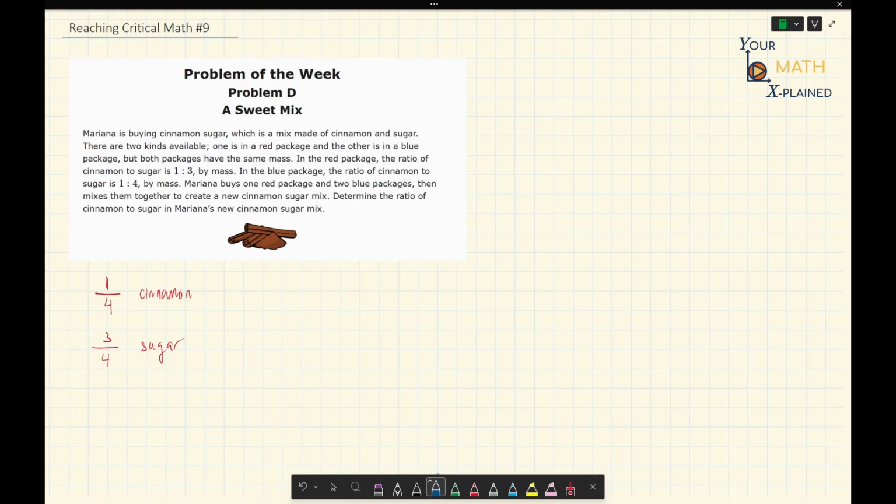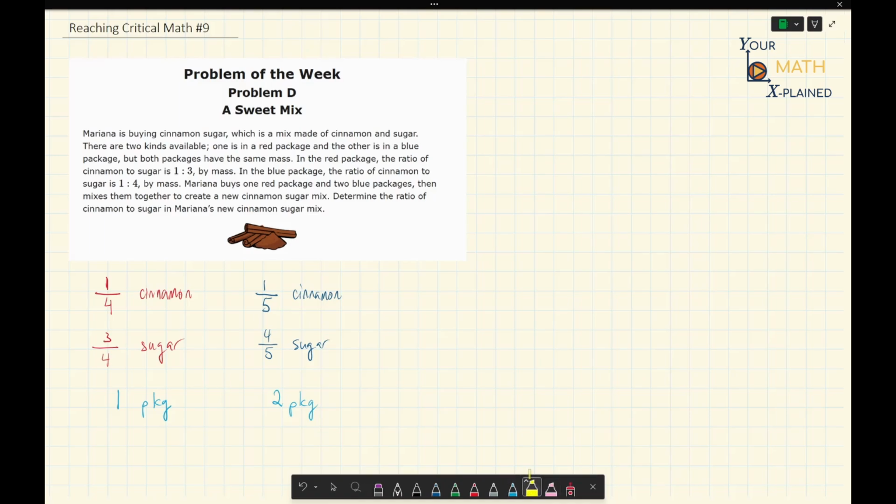The ratio is 1 to 4, so that means we have 1 out of 5 for cinnamon, and we also have 4 out of 5 for sugar. We're being told that we have 1 package of the red one, so I'm just going to write that down here. 1 package of the red and 2 packages of the blue, and then we're creating a mix.